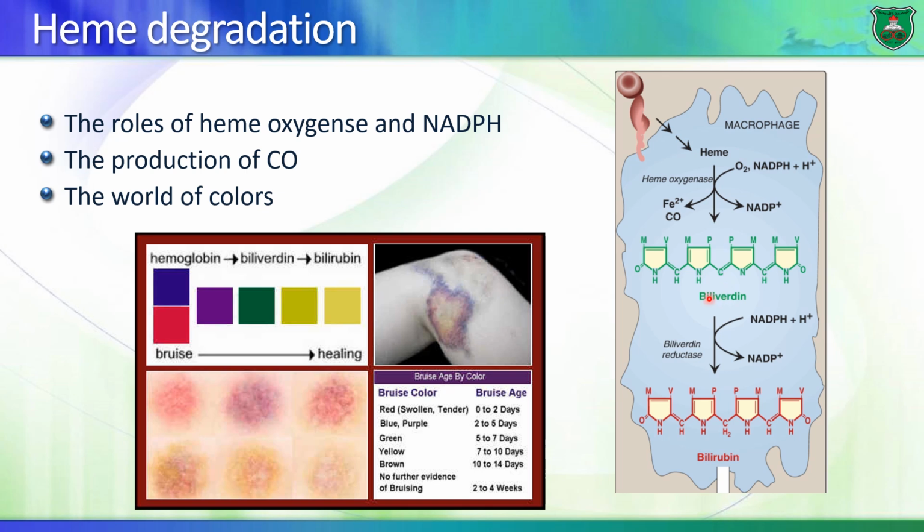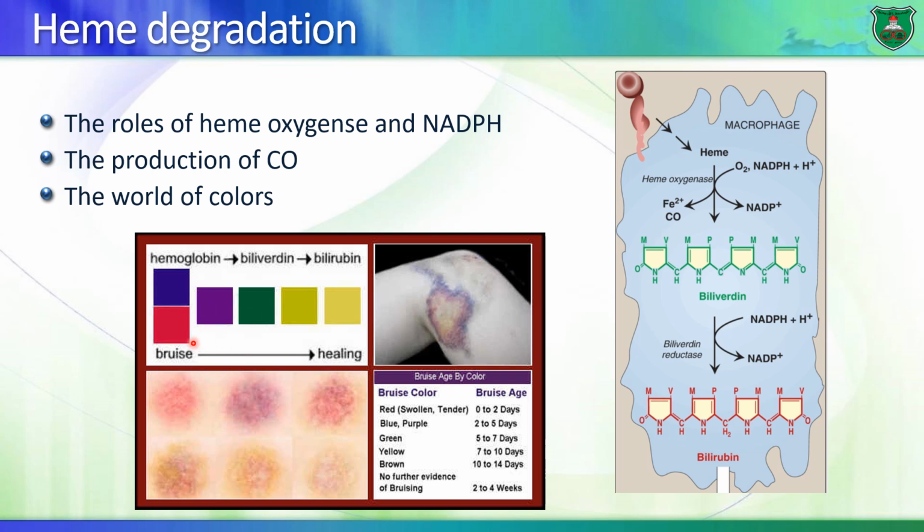Now, biliverdin then goes through different reactions, and what's important is that the intermediates have different colors. That's why whenever there is a bruise in the skin, you can see that it goes through different colors.